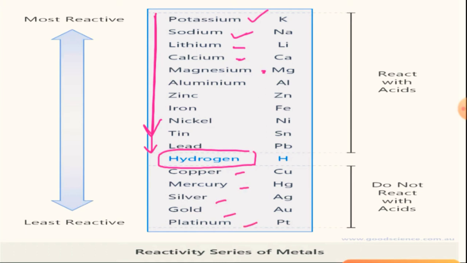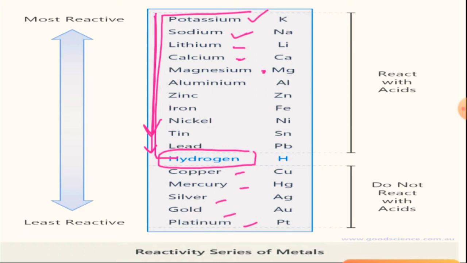It means that all of these metals which are more reactive than hydrogen can displace hydrogen from its acid because hydrogen is present in all the acids. Remember, I have explained to you that all the acids contain hydrogen ions. That is why when we add acid to water, it liberates H plus ions.